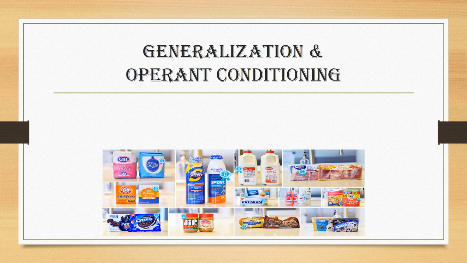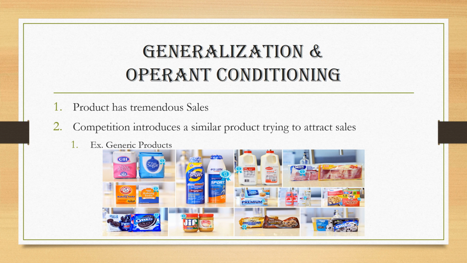Now, in terms of operant conditioning, and this is very important, you carry out a behavior, you get something good for it. You buy the product and good things happen. With operant conditioning and generalization, you might have a situation where a product is doing very, very well. So what does the competition do? They introduce a similar product.